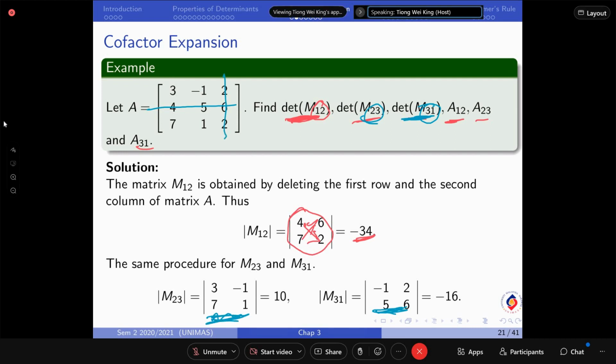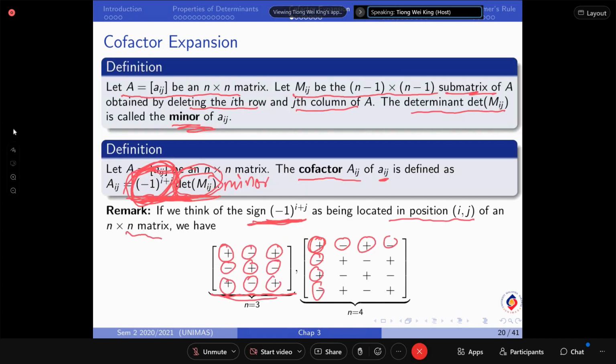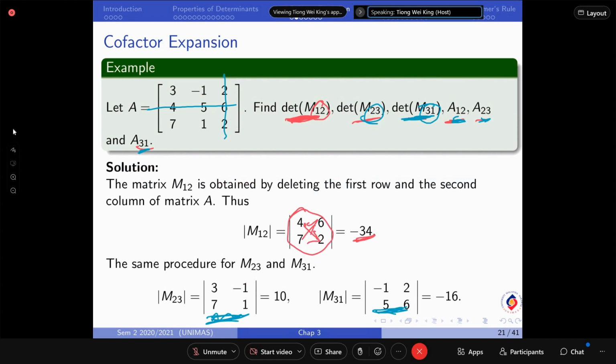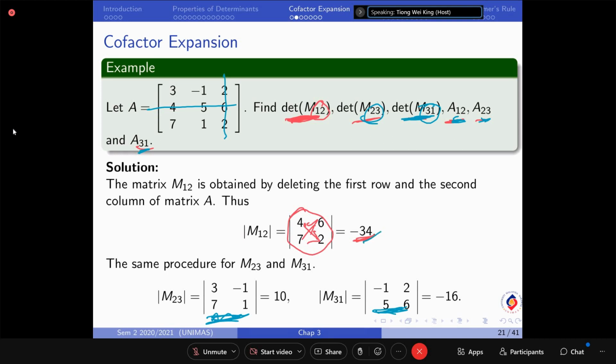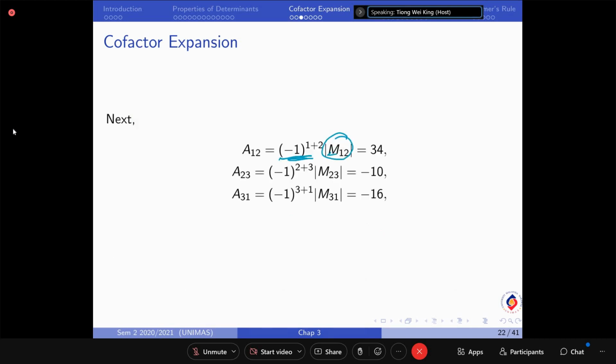Then the A12, A23, A31 you just apply the formula here to get the plus or minus sign. So that's why you have this. Then you apply the determinant, the one we obtain here. Everything we obtain here, you put it here, and you get the cofactor.